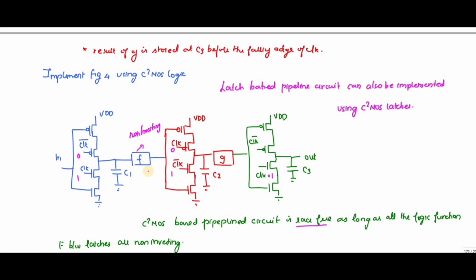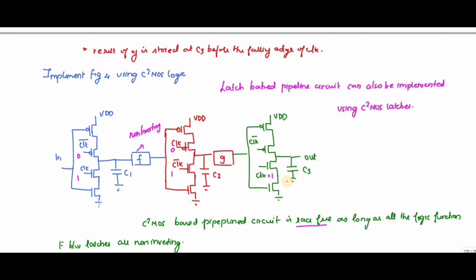The output of this gets inverted, right? Gets inverted, and it is sampled in the C2. Then the computation of g happens. Then this clock becomes 1.